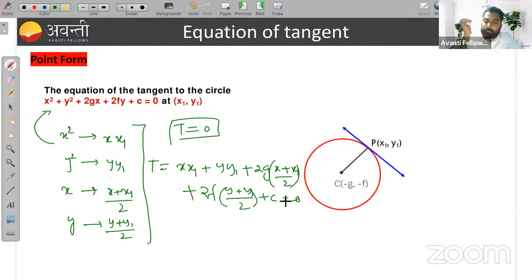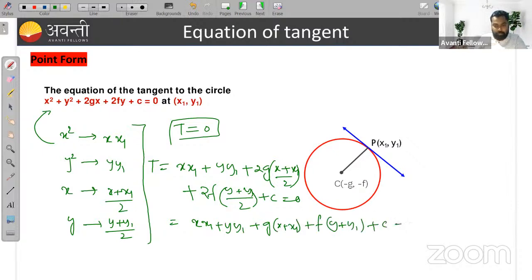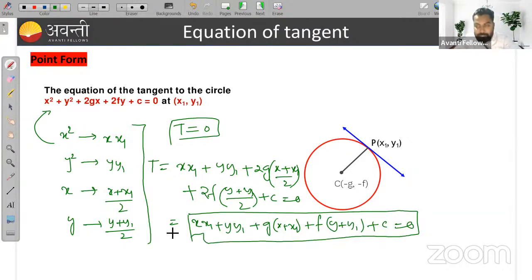Clear? So after simplifications, what you are getting, that is x x1 plus y y1 plus g into x plus x1 plus f into y plus y1 plus c is equal to 0 is your equation of tangent, if you have a point on the circle. Clear?